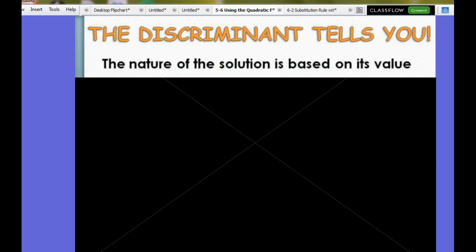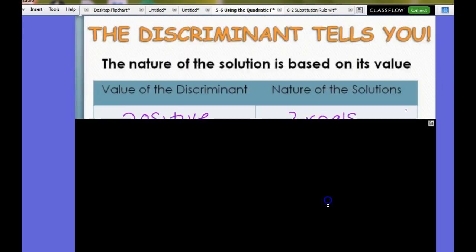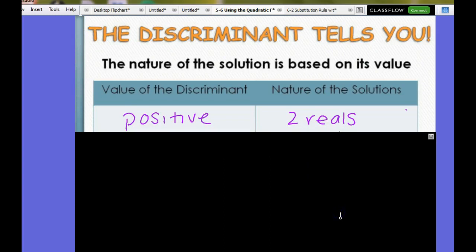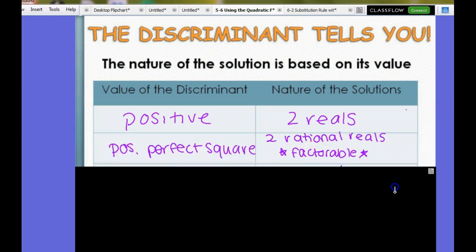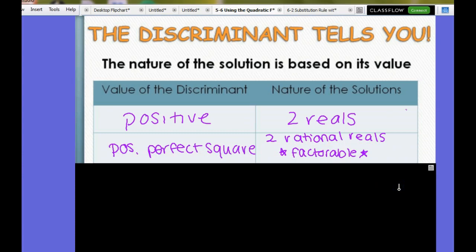So again, the discriminant tells me the number and types. If I get a positive discriminant, I get 2 reals. If I get a positive perfect square, we say that those 2 reals are rational. It actually meant that the quadratic was factorable.